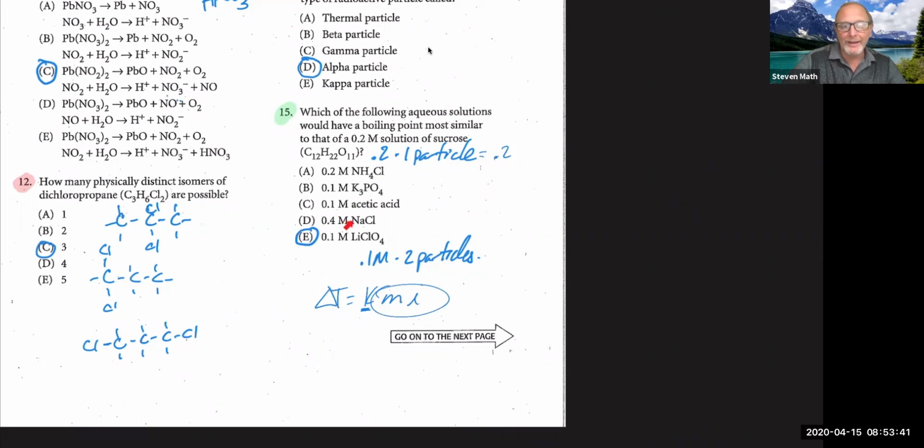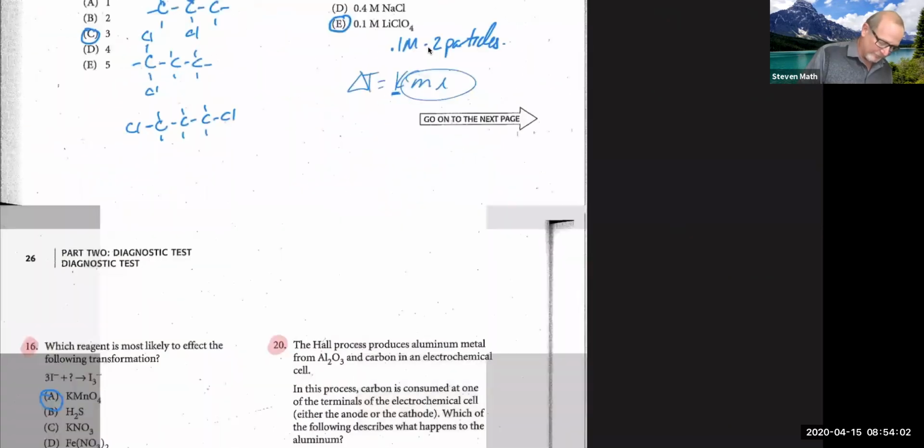I take it back. That's going to be 0.8. That's going to be the highest of the boiling points. Okay? The one that ends up answering our question, take 0.1 molar and split it in between 2 particles. That's going to give me 0.2. Okay? So that's a good solution colligative properties kind of question. Kind of neat. Stick with me.